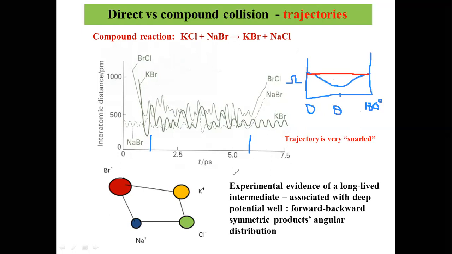Right? So that basically gives the experimental evidence of the long-lived intermediate complex, and that comes from when we have a potential with a deep potential well. Okay. So that is all I wanted to discuss with you guys for the trajectory over the potential energy surface.